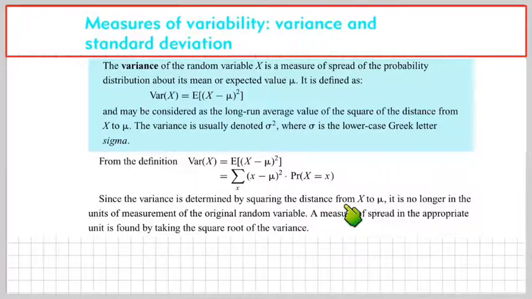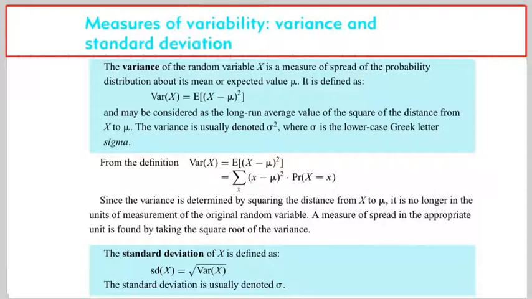Since the variance is determined by squaring the distance from x to mu, it is no longer in the units of measurement of the original random variable, because it's the square of it. So a measure of the spread in the appropriate unit of the DRV is found by taking the square root of the variance, and that is the standard deviation.